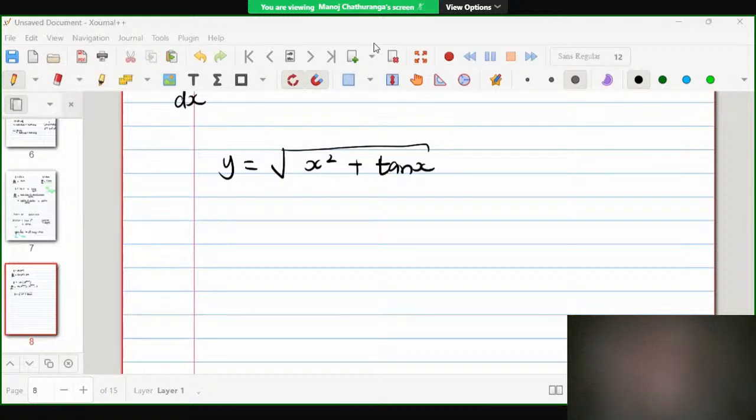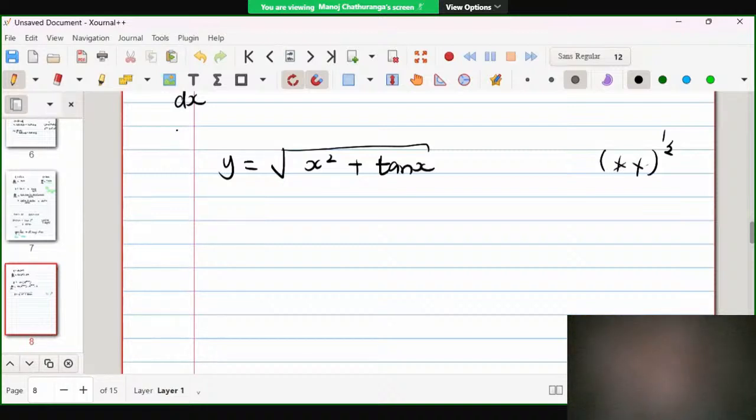Okay, I got some answers and let's see. So the first thing to notice is this is really a composition of two functions. The outer function is power one half, and inside that we have some other function.